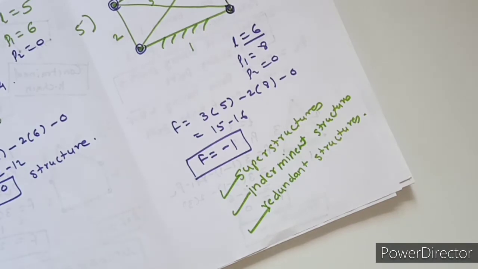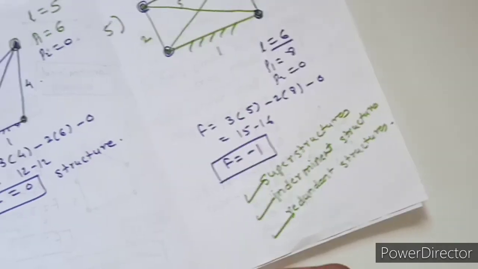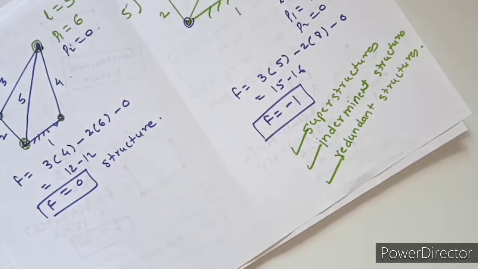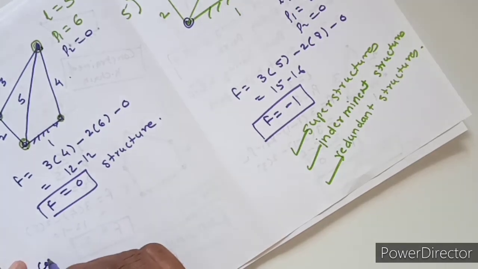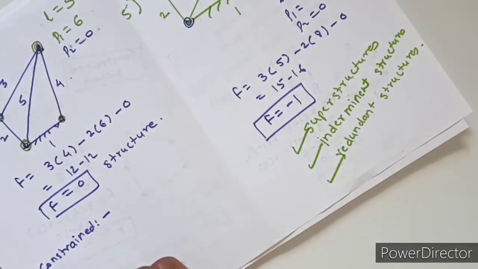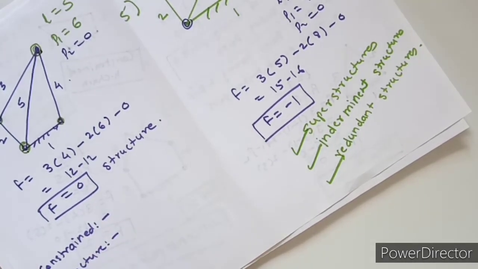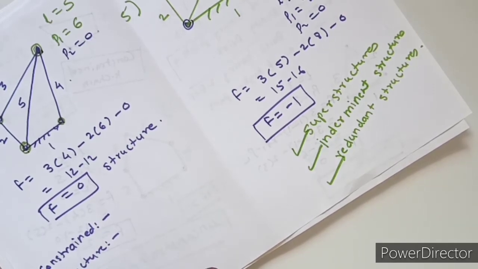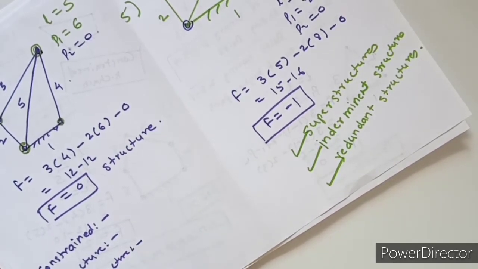So what we can conclude is that we can apply the Grubler's criteria to determine whether the given mechanism is a constrained kinematic chain, or a structure, or a superstructure, or an unconstrained mechanism.